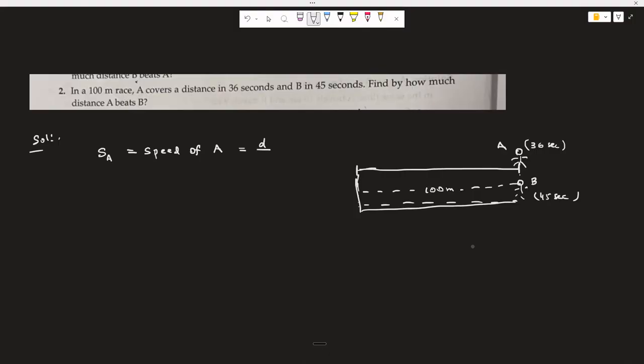Speed equals distance by time. Distance means 100 meters, time is 36 seconds. Of course, you can write meter per second.